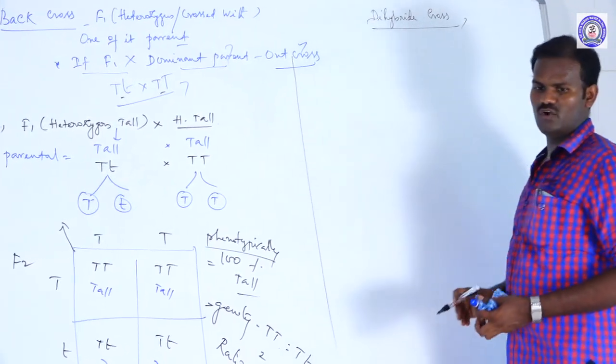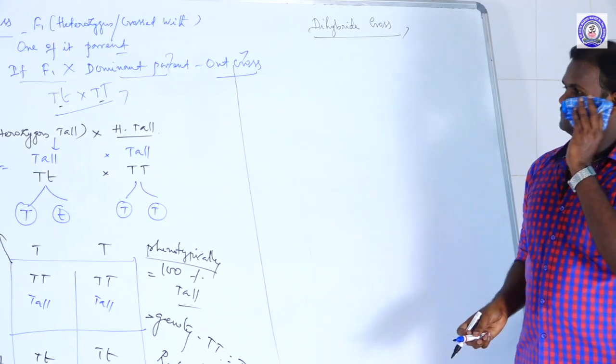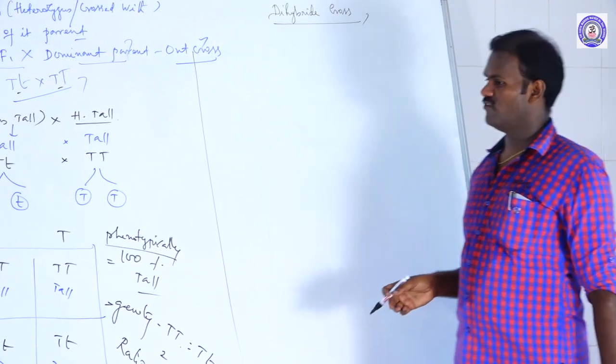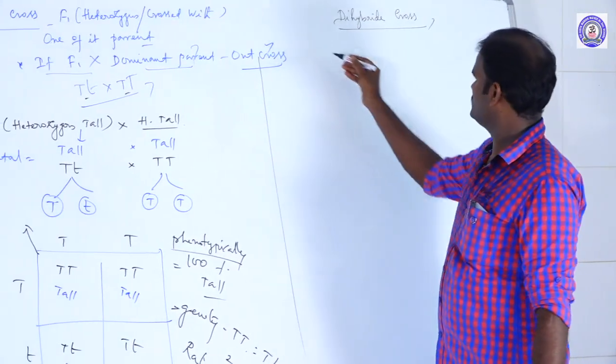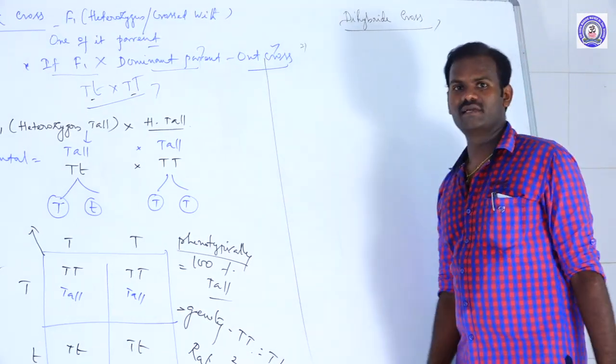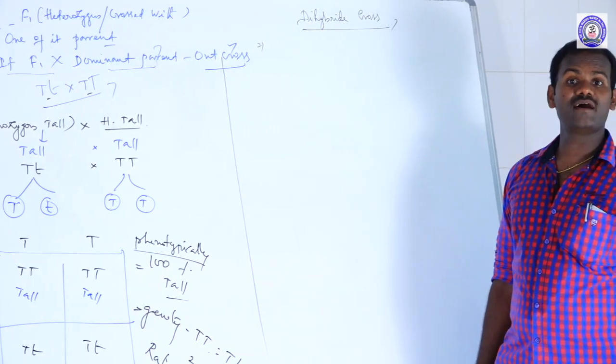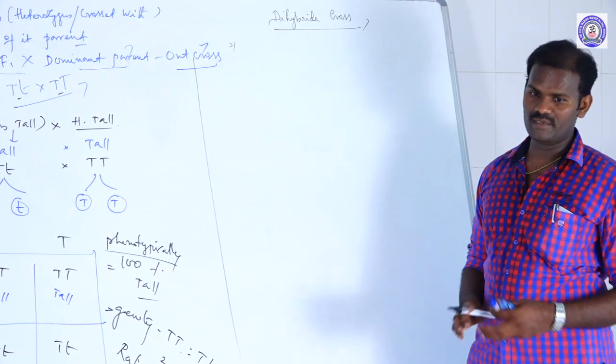So the monohybrid cross is over, with some exceptions, and the law of dominance is also over. The second cross performed by Mendel is the dihybrid cross. What is a dihybrid cross? A cross made between two pairs of contrasting characters is called a dihybrid cross.